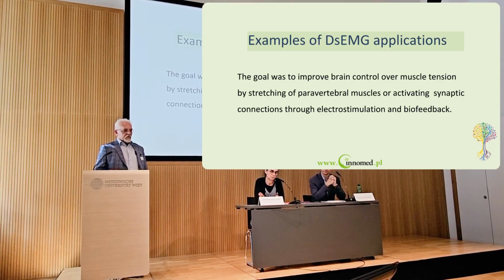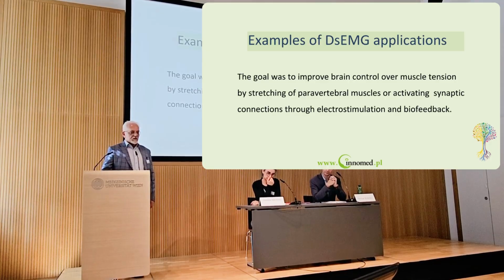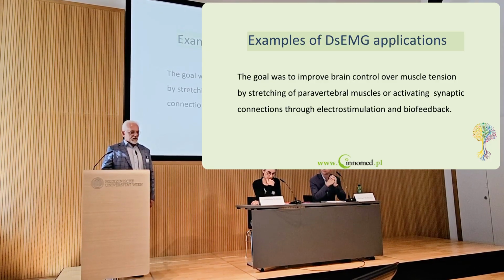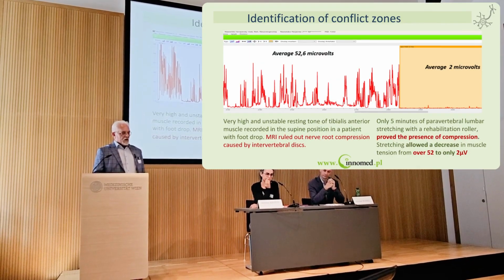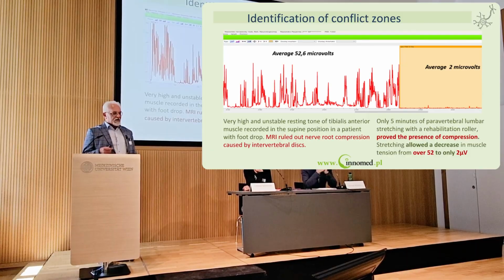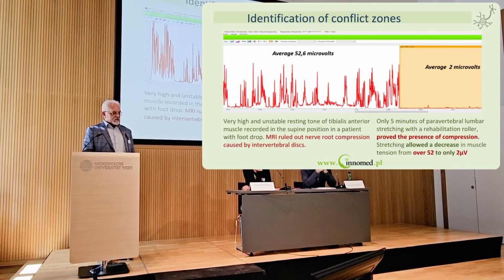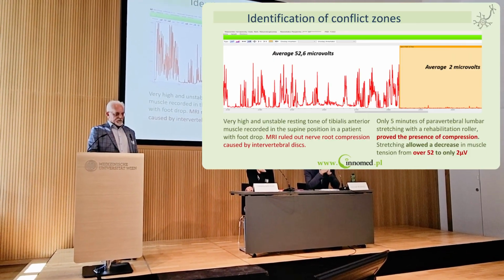The goal was to improve brain control over muscle tension by stretching of paravertebral muscles or activating synaptic connections through electrostimulation and biofeedback. On this electromyogram, we may observe on the left very high and unstable resting tone of tibialis anterior muscle recorded in the supine position in a patient with foot drop.